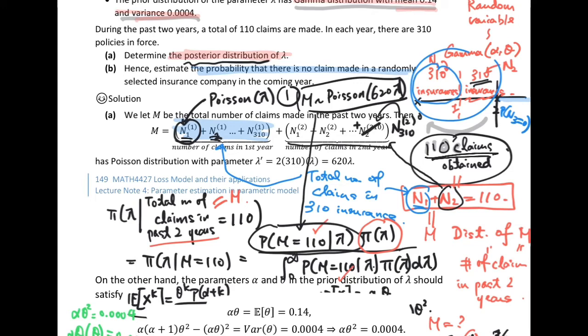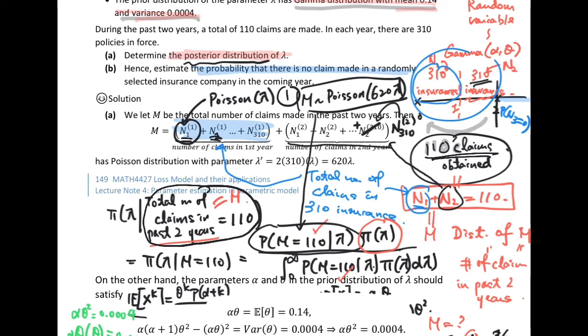To describe this posterior distribution, what you need to do is replace the given event by what you observe, just like what we did for the maximum likelihood method for incomplete data. You just consider what you see, get the likelihood, and that's all.